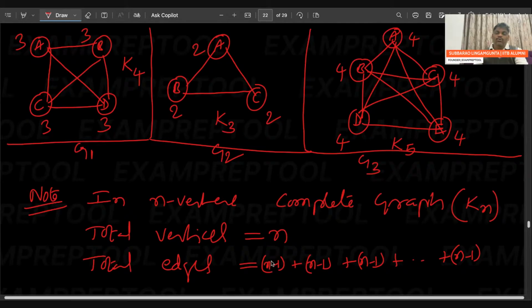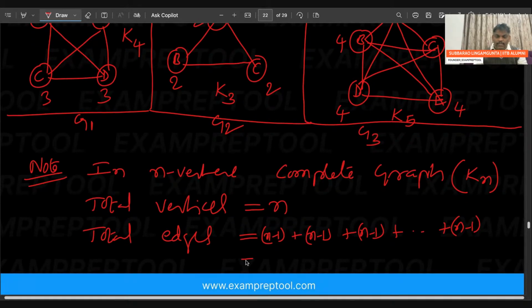So if you count the total, it is the sum of degrees, which is n times, so it is n into n minus 1. The sum of degrees is 2e. If you want the total number of edges, divide by 2. So the total number of edges is n into n minus 1 by 2.